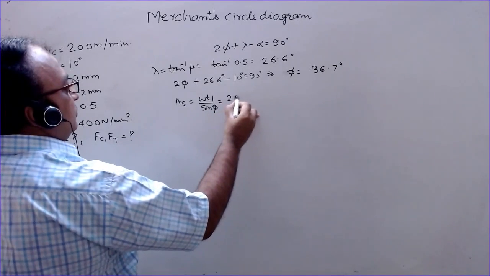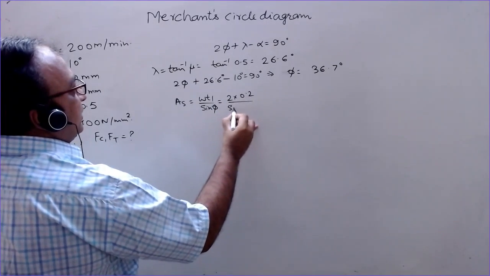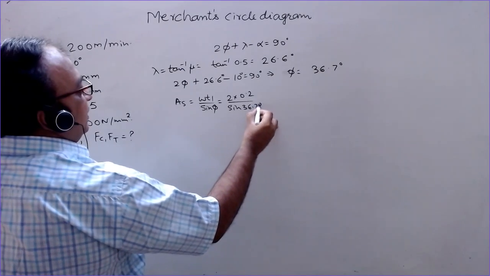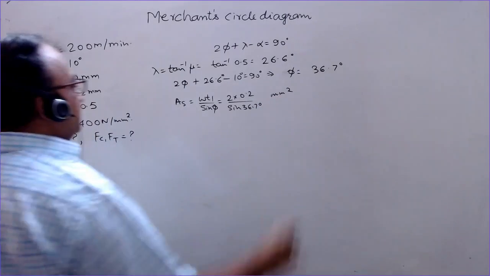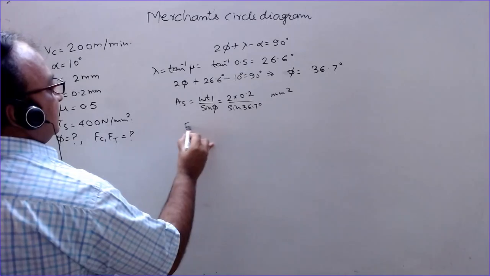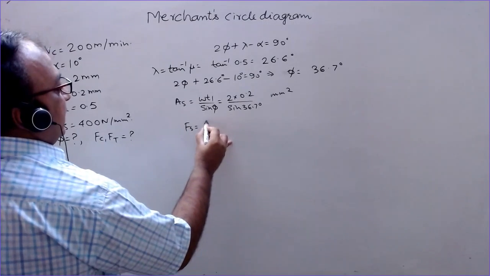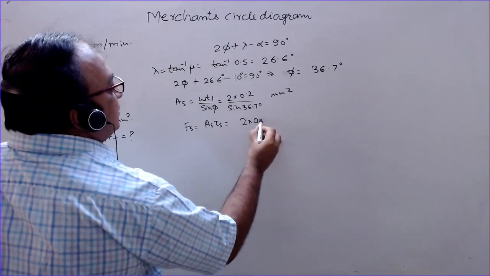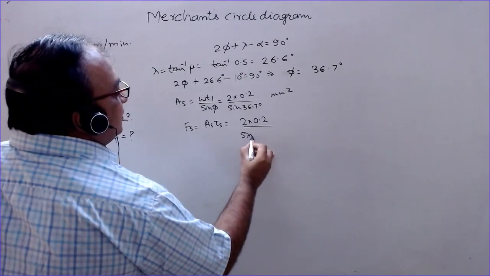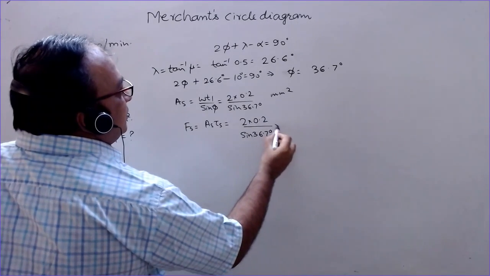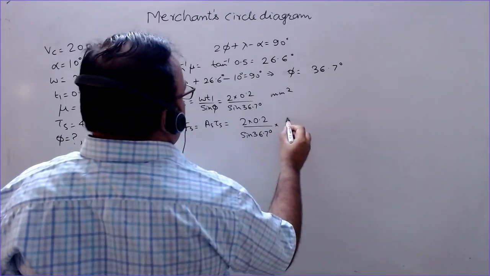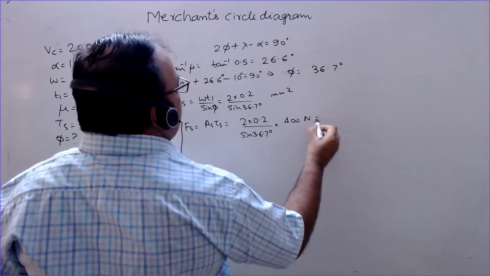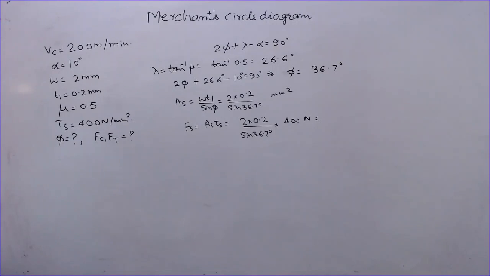So 2 into 0.2 by sine of 36.7 degree mm square. And Fs is As into tau s, into 400 Newton. So this is approximately 262.3 Newton.